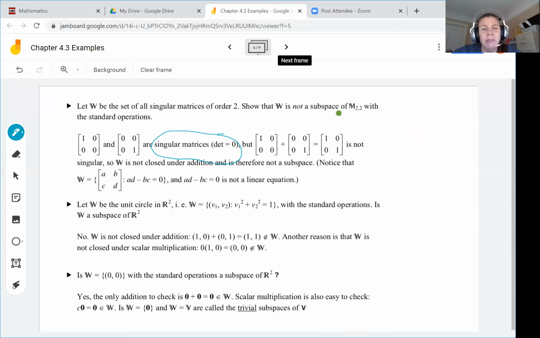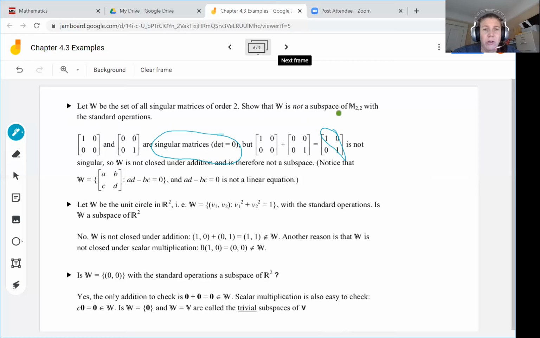So these are singular because their determinants would be 0. W is not empty because B exists. But if you add these up, you get something that's not singular. You get 1, 1 on the diagonal over here, and you've got a matrix now with determinant 1. So W is not closed under addition, and it's therefore not a subspace.